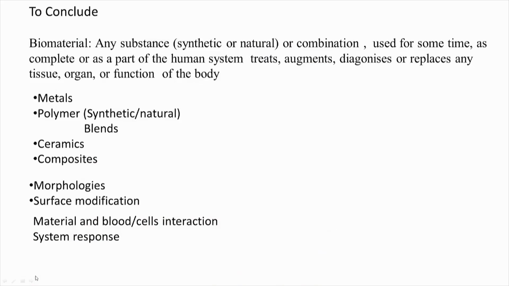We studied material and blood interaction, material and cell interaction, and system responses like inflammation, a large number of biological functions that take place when a material is implanted into the body. We looked at all those as well. So, you can see this course is very interdisciplinary.